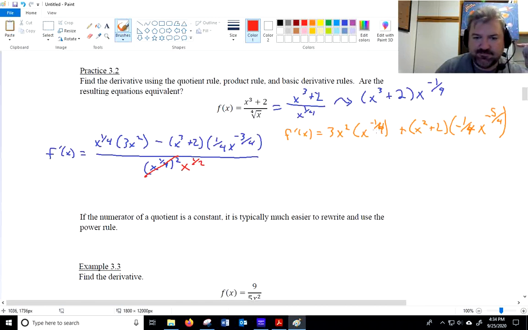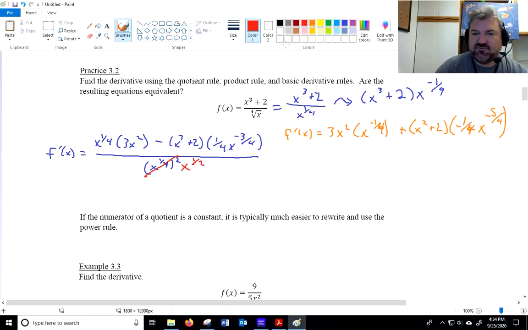Do you agree? 1/4 minus 1/2 is negative 1/4. Likewise, if I distributed into here, this negative with the 1/4 over here could make this plus a minus, and then x to the negative 3/4 minus 1/2 would give me a negative 5/4. So these are really the same. It's just that we've divided this x to the 1/2 into each one of these places.